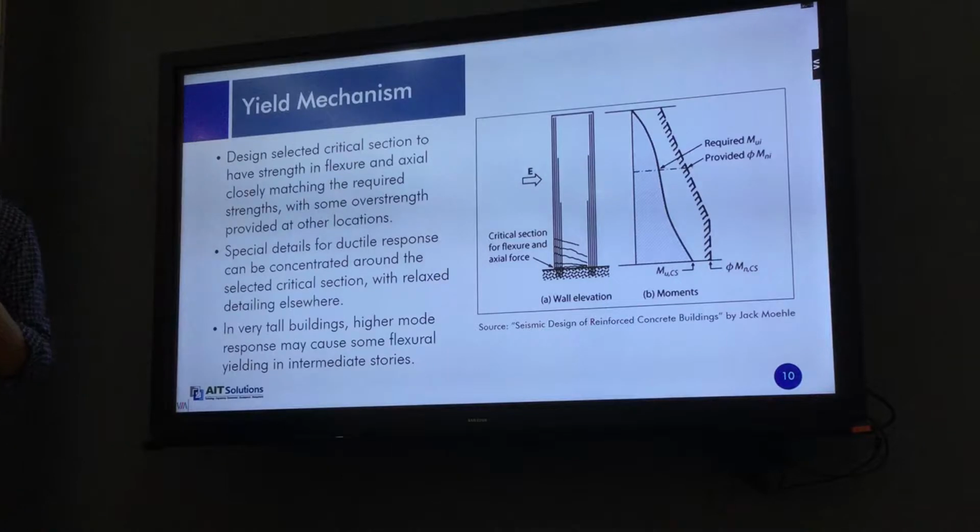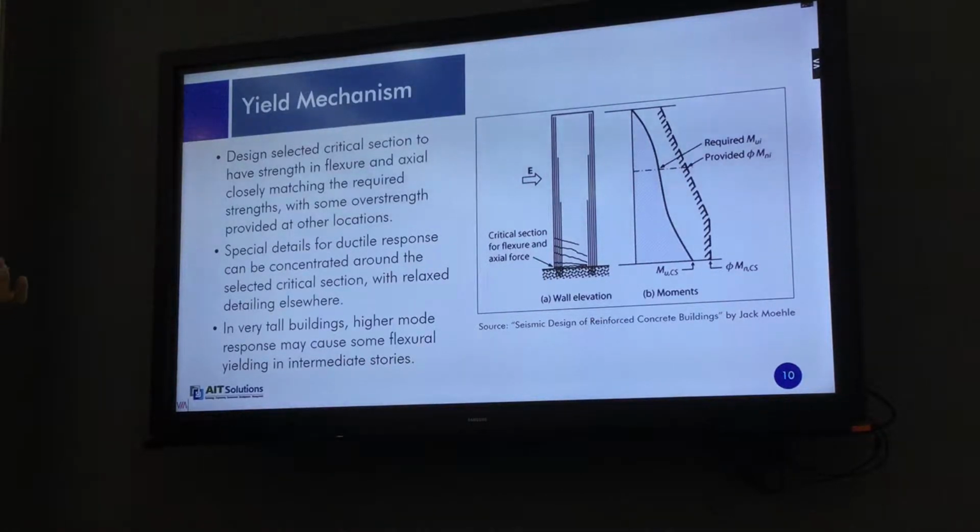But in tall buildings, the higher modes are also significant. You can see in the modal participating mass ratio from your project, more than 90% of the modal participating mass is not in the first mode. Only 50-60% of mass participates in the first mode, and the higher modes participate at 20% or 30%.